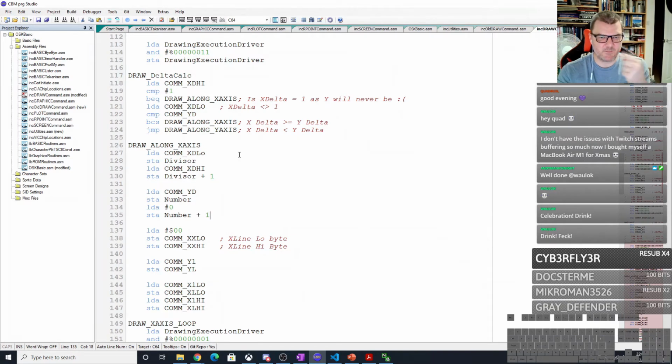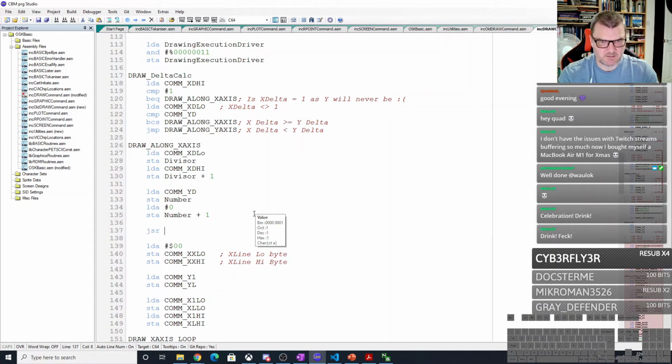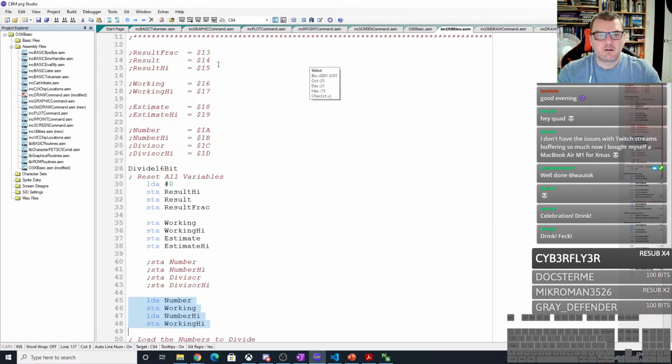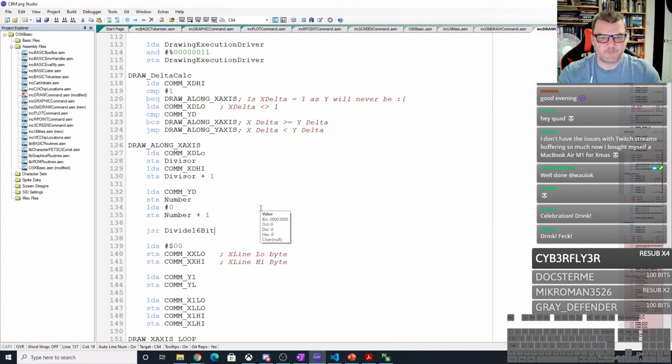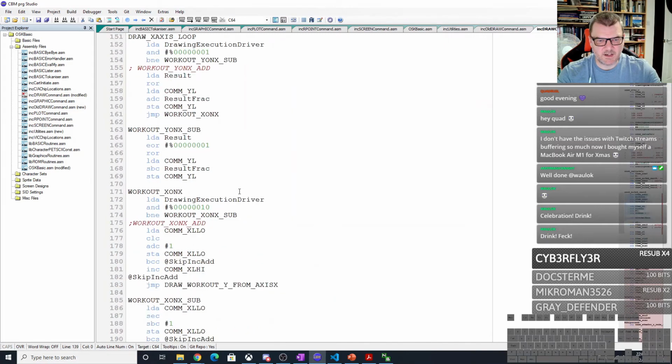Because y is only a single byte. So that'll work out the divisor, and then we need to run JSR the routine. And for the y-axis, it's the opposite way round. So draw along the y-axis.